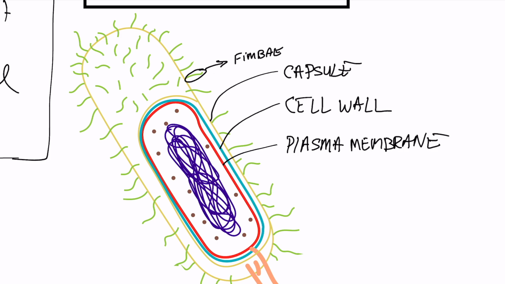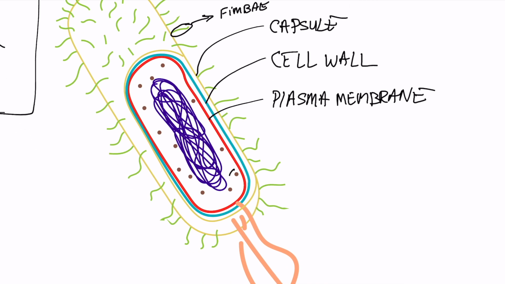In brown, what do you think these components are? Yep, ribosomes. They're involved in protein synthesis. In purple here, we have the nucleoid, which is the genetic material of the prokaryote.